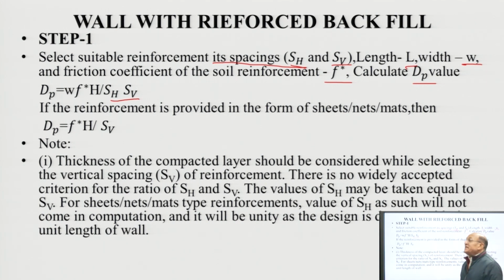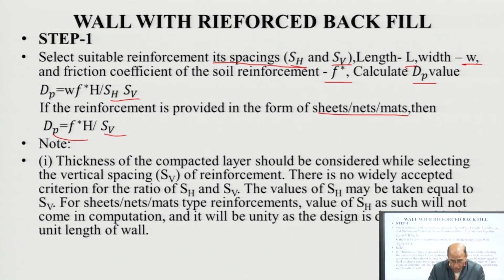If the reinforcement is provided in the form of sheet, net or mat, then dP will be F star H by SV. There are notes: the thickness of the compacted layer should be considered while selecting the vertical spacing SV of reinforcement.